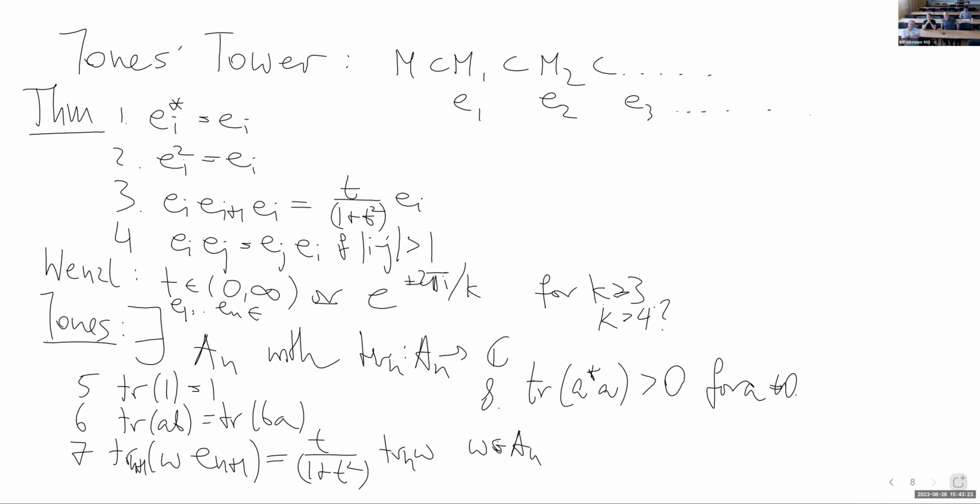So then it turns out that these algebras, not in the context of von Neumann algebras, but just algebras in the normal sense of non-commutative algebras, these two preconditions define something which is called the Temperley-Lieb algebra.